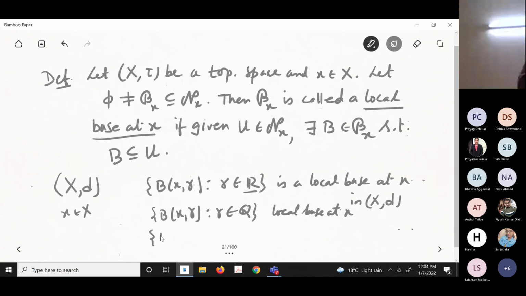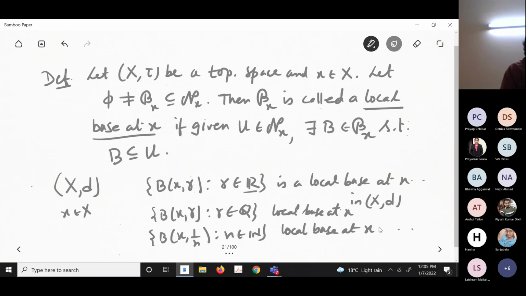Again, we usually take B(x, 1/n), where n is a natural number. This is also a local base at x. So a local base need not be unique.